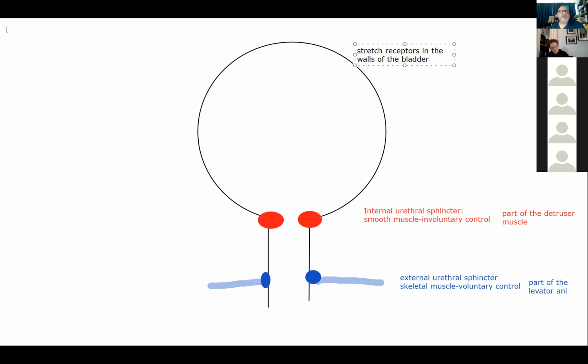And not surprisingly, this micturition reflex is going to involve both intrinsic and extrinsic controls.